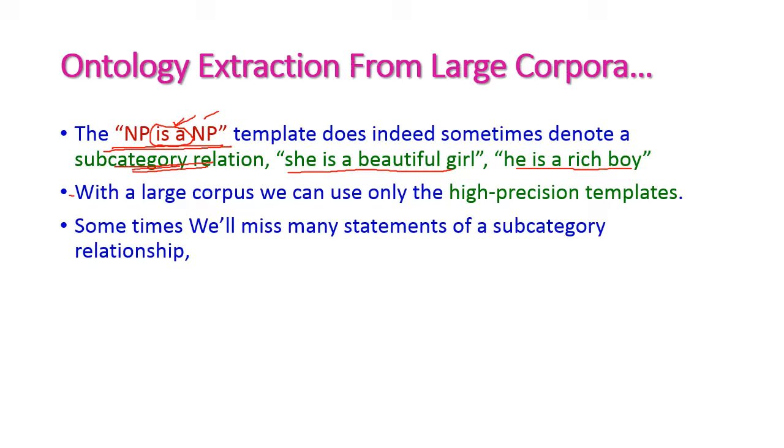With a large corpus we can use only a high precision template, which is the template we used in the previous slide. Sometimes we will miss many statements of subcategory relations. If we use this high precision template, we can miss some subcategory relationships.